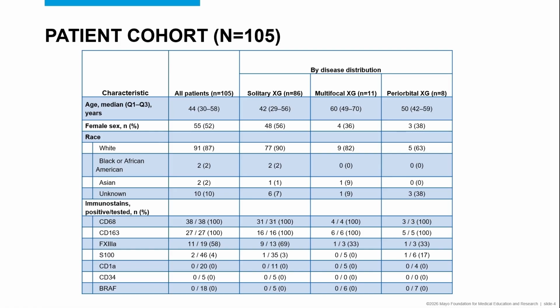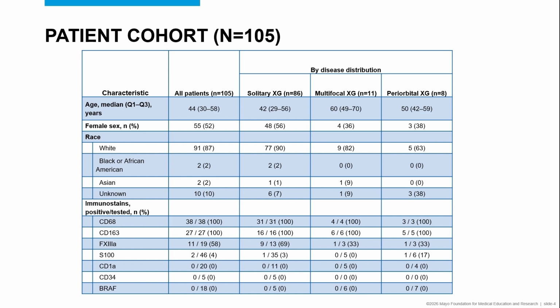Okay, so this is our patient cohort. We identified 105 patients with adult xanthogranuloma, and we broke these down by the pattern of distribution. The majority of patients had solitary xanthogranuloma. A smaller subset had multifocal xanthogranuloma, and then a different subset had periorbital xanthogranuloma.